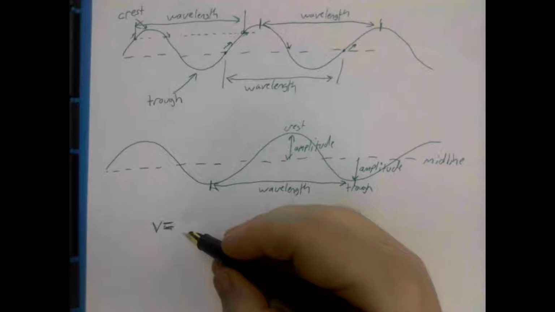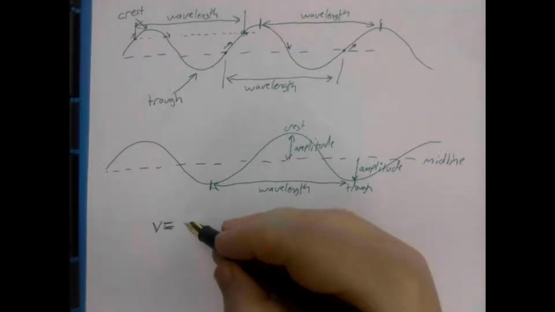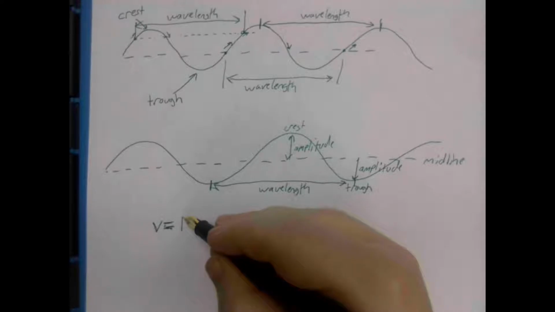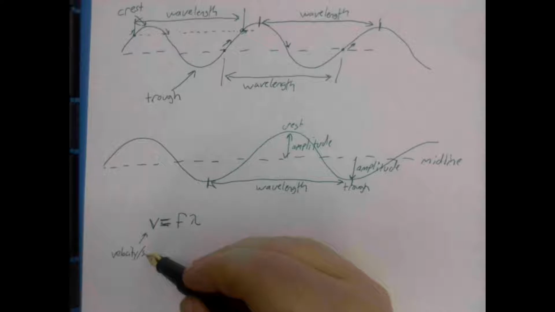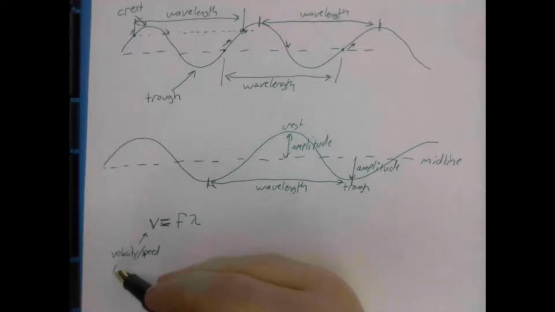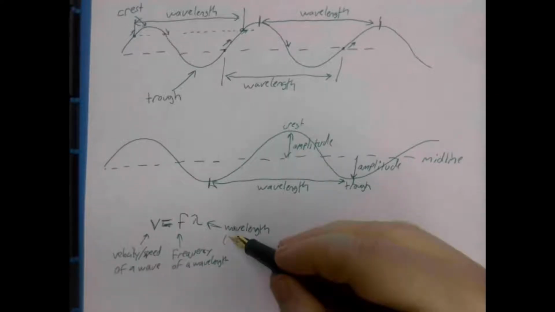Velocity of a wave is equal to its frequency times its wavelength. So velocity, or speed, of a wave is equal to the frequency of a wave and the length of a wave, which we usually write as wavelength, which is the length of a wave.